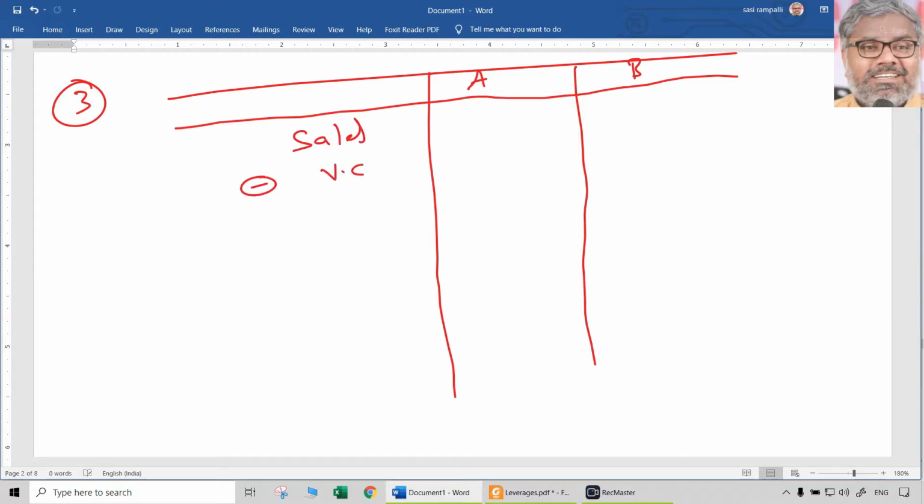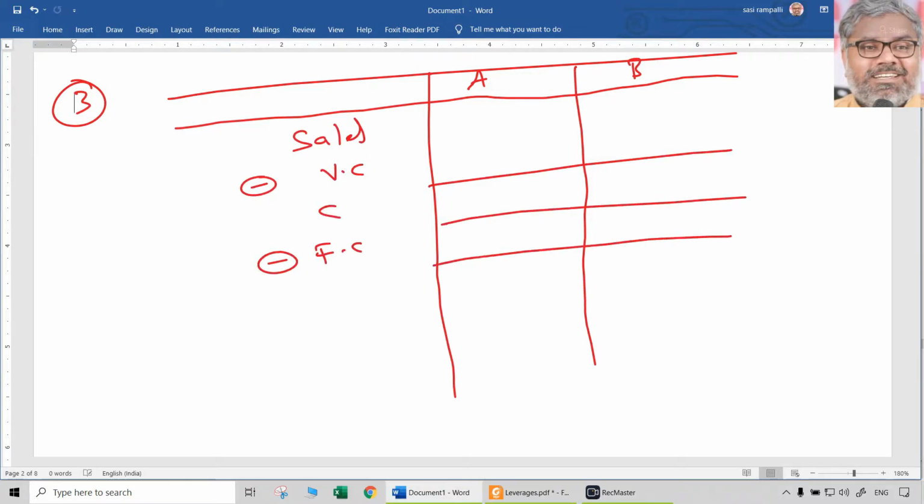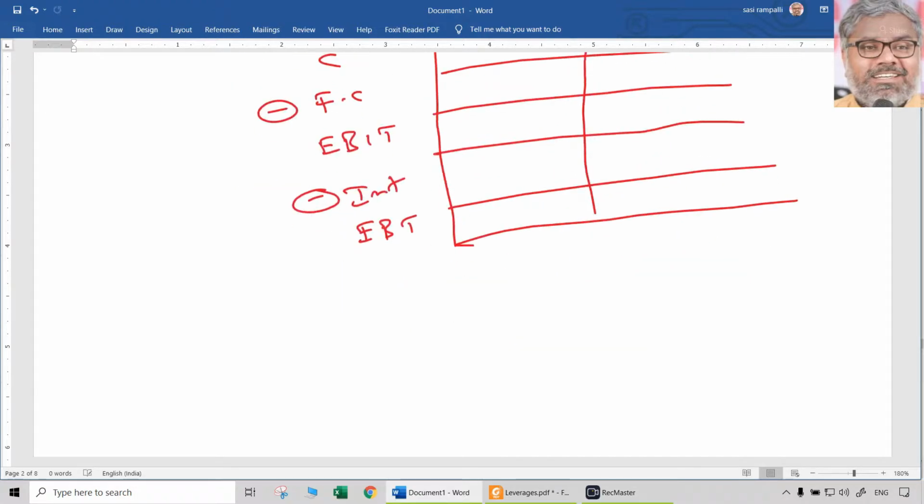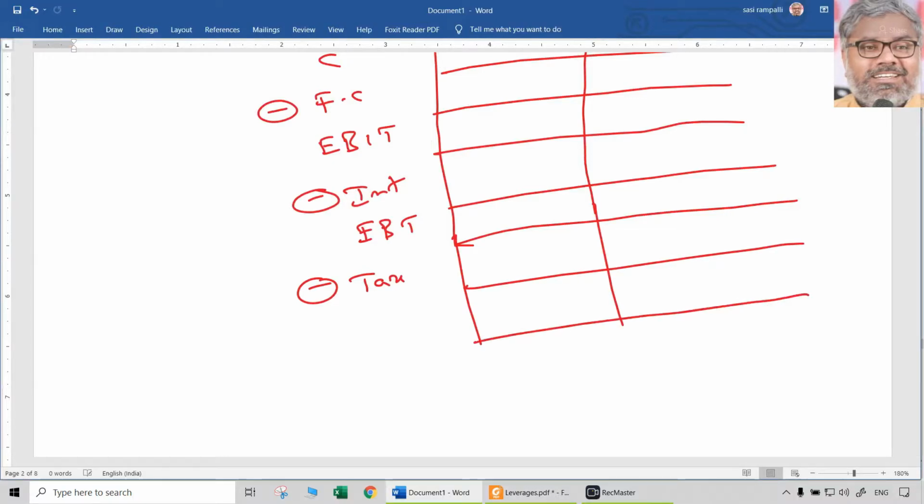Sales minus variable cost, that should be equal to contribution, minus fixed cost, that should be equal to EBIT, minus interest, that should be equal to EBT, right? Tax rates are given, so minus tax will give us profit after tax, earnings after tax, profit after tax, net profit, whatever you call it.